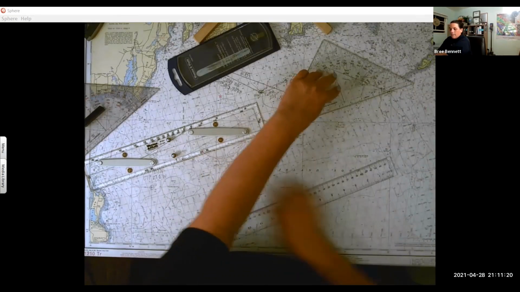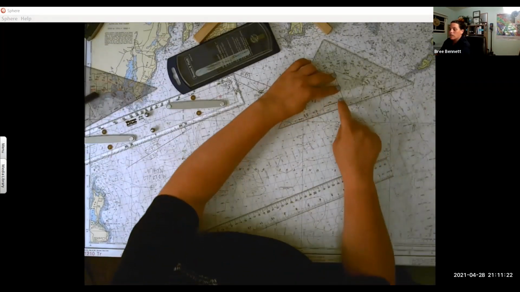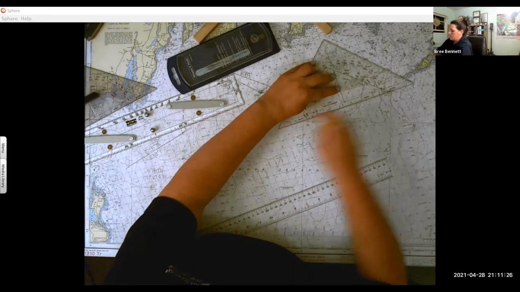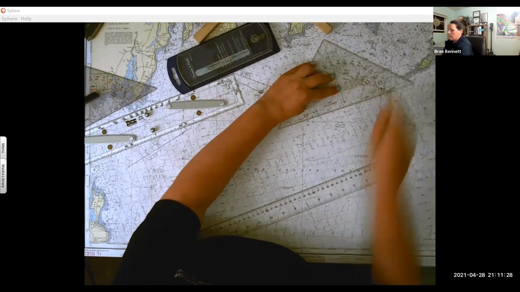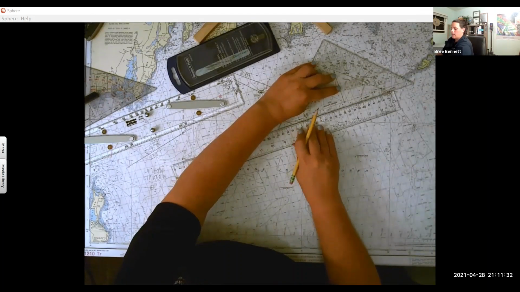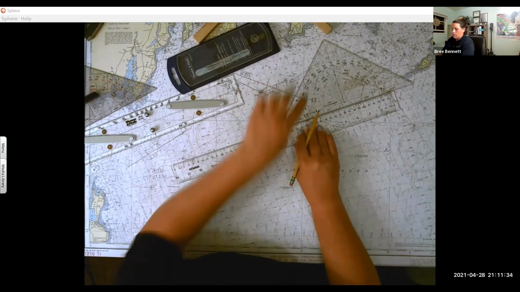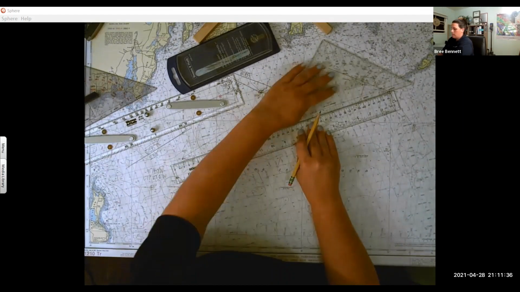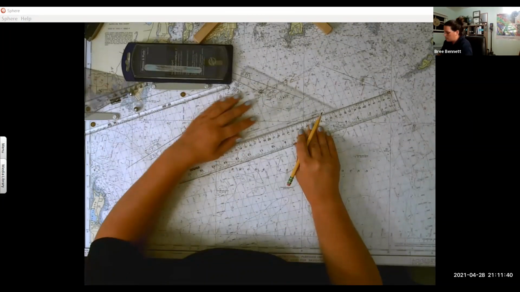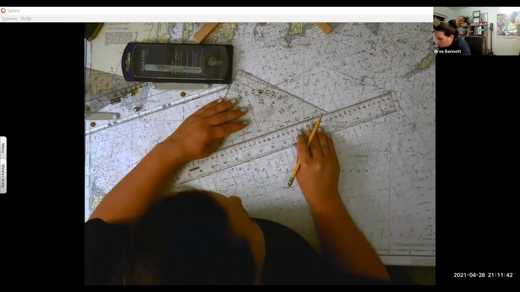now that I have the angle, I have pressure on this triangle. So when I draw it, I can draw the line. And then I want to draw it along the same triangle. So I'm now going to put pressure on my ruler, slide this down. I just bumped it, so now it's not going to be the same.